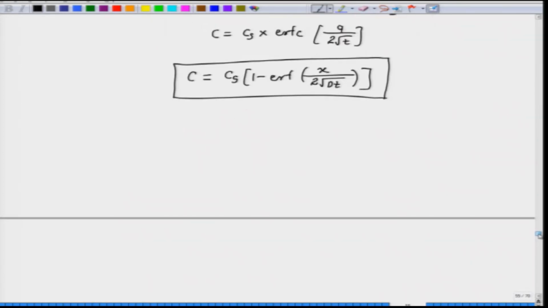So, this is the solution that we have obtained for a semi infinite slab with constant surface concentration, which is typically encountered, for example, in carburizing of steels.